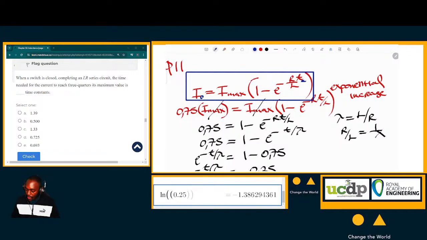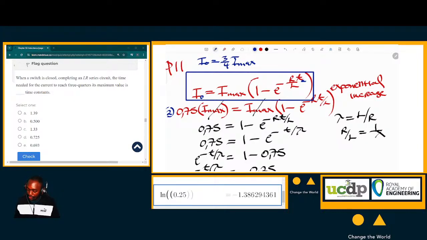So they are saying, find the time at which the current I naught will be 3/4 of the maximum possible current. Which means find the time at which I naught is equal to 3/4 of I maximum, which is what we've done on equation number 2.